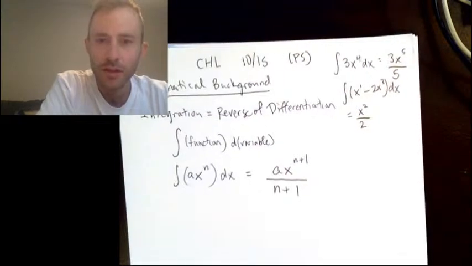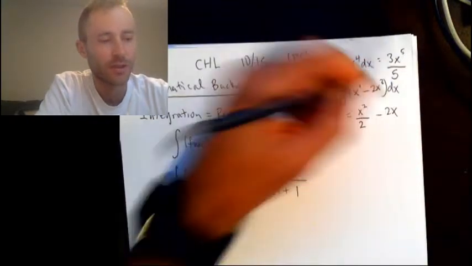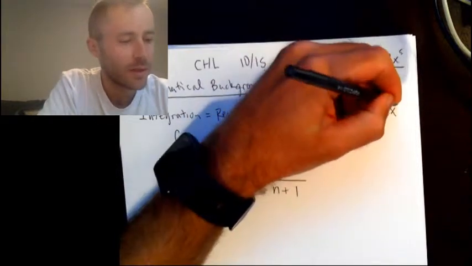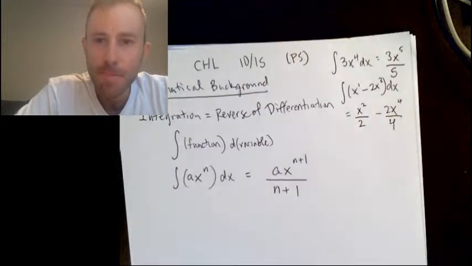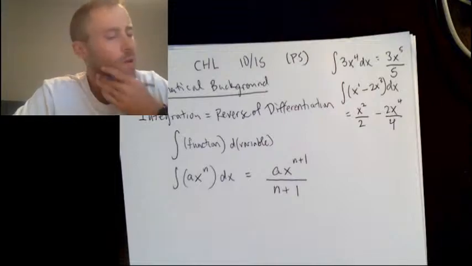Then I just do the same thing for the second term. So I have minus 2x, bump up the power, 3 goes to 4, and then I divide by the bumped up power. That's how you integrate polynomials.